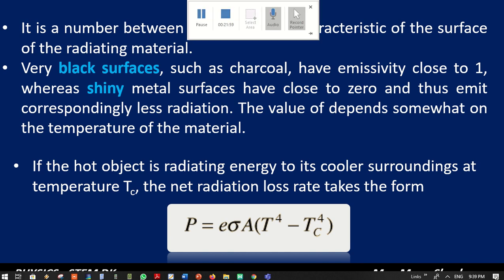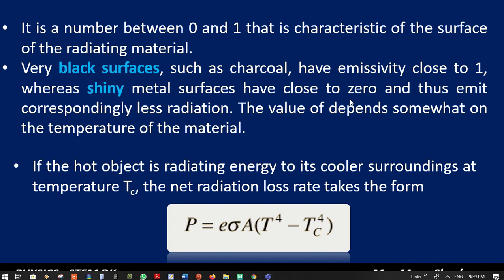If we replace that by shiny metals, it will be close to 0, and thus it emits less radiation, and we use it in materials that we want to radiate less, to maintain them hotter, as we put the liquids that we want to stay hotter for longer times in containers made of shiny metals. Okay.